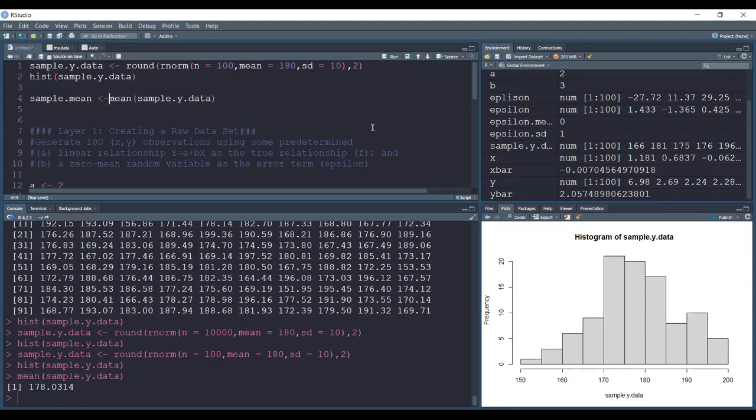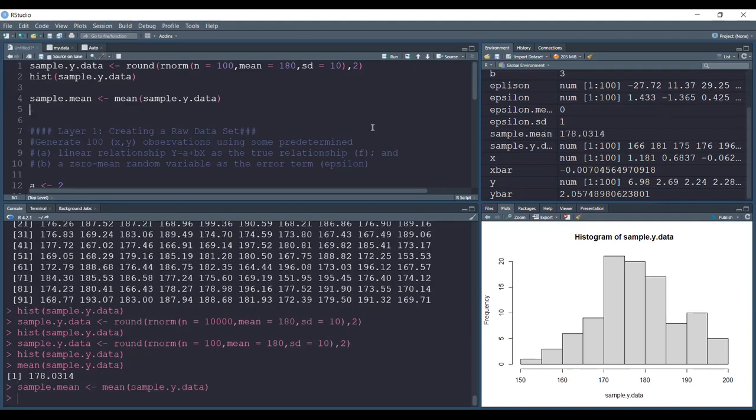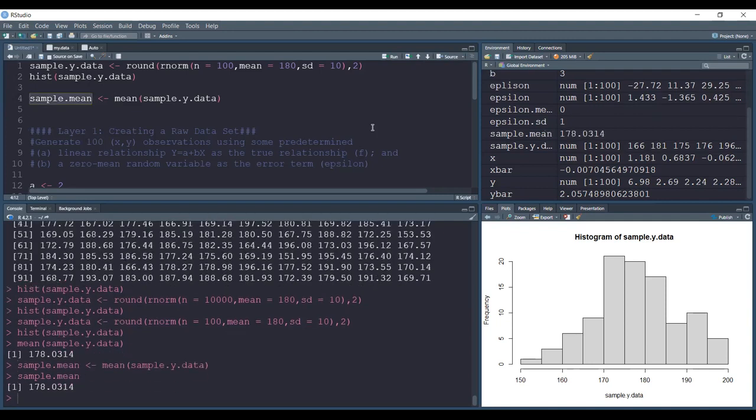It's not the population mean, or we don't know if it's a population mean. It's going to be probably quite close to the population mean, or at least that's what we would hope for. But now we need to place it in the context of an interval.